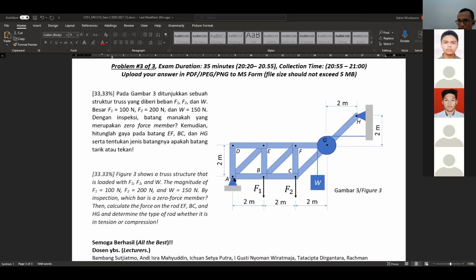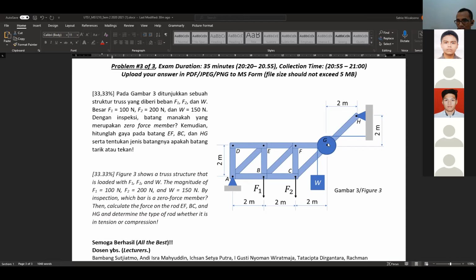But the number of equations will not be enough to solve for Ax, Ay, Hx, Hy. Correct, right? Because there are supposed to be 4 unknowns, but we only have 3 equations: sigma Fx, sigma Fy, and sigma moment. In that case, you have to remember that GH here is a zero force member.